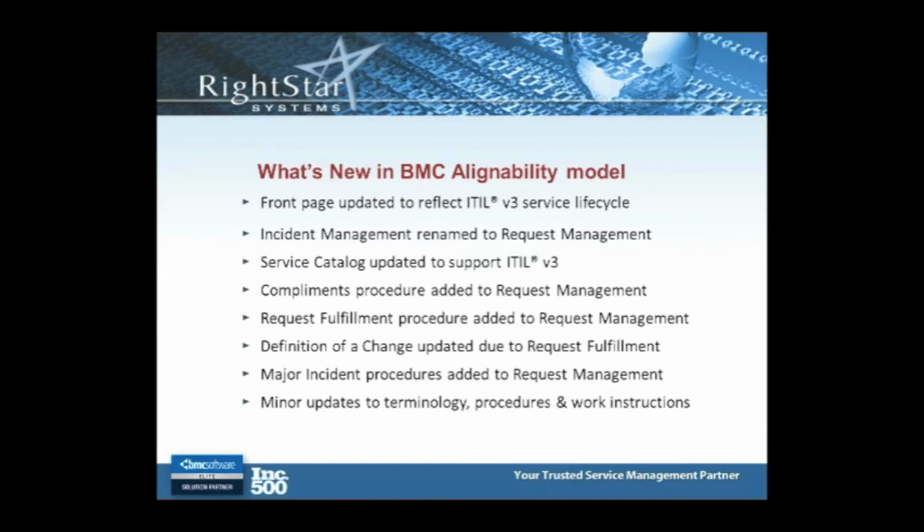We've also renamed incident management to request management, and that's to allow for the new processes related to request fulfillment. In addition to that, we have service catalog. The service catalog has been updated in terms of its functionality again, so we're going to cover more of these in detail, as well as introduced complements to the procedures in request management. And as I mentioned before, request fulfillment was also introduced.